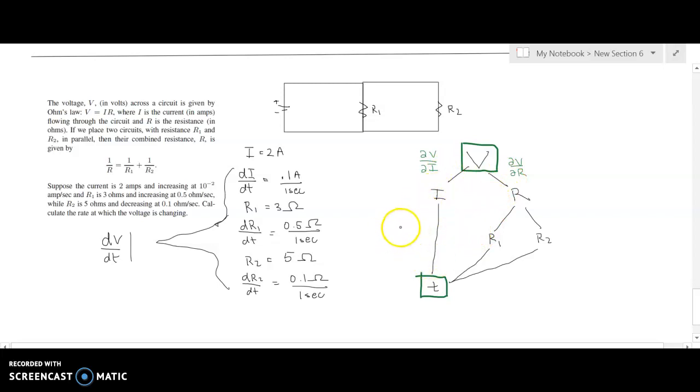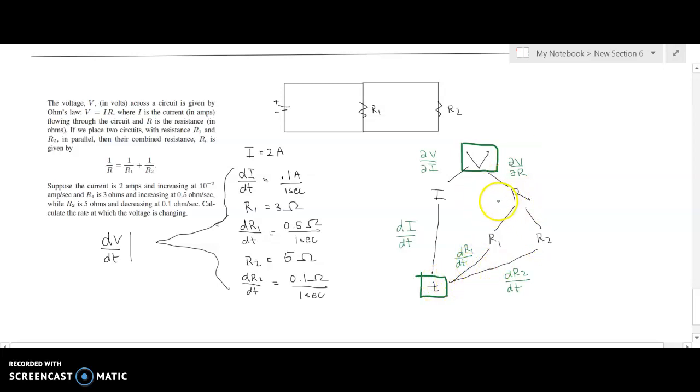I depends on t, so there will be a rate dI/dt. R depends on R1 and R2, which depend on time, so this is dR1/dt and dR2/dt. I'm not using partial notation there because I, R1, and R2 are directly functions of just time.